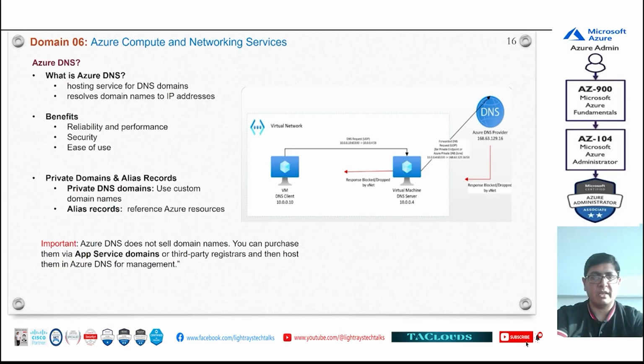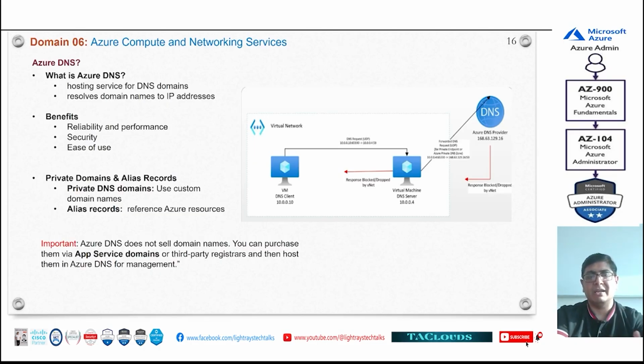The important point here is Azure DNS does not sell domain names, because we don't need a domain name also. Domains are already there. You can purchase them via App Service Domains and third-party registrars. For example, if you want to use the DNS server from the cloud, they will not provide you a domain name like tanveer.com or google.com. So you need to purchase from outside.